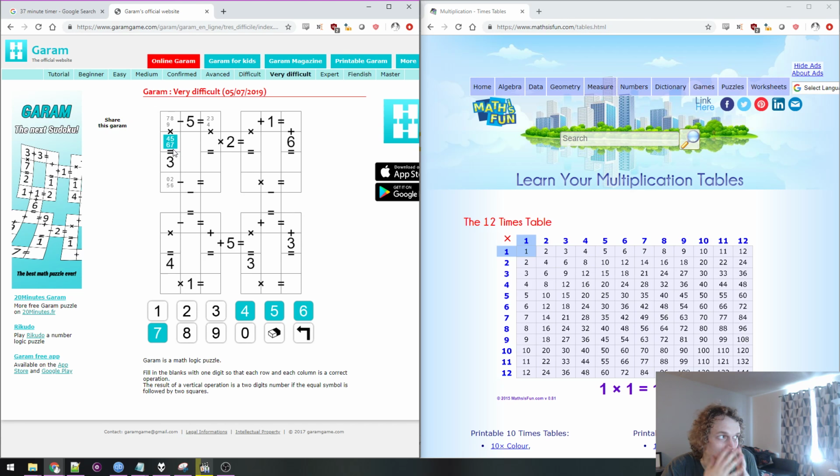So it can't be 6 or 7 anymore, right? Given that this is 7, 8, or 9. So 6 or 7 are gone, meaning that this is no longer all of these. It can't be 0 anymore. It can't be the other two.